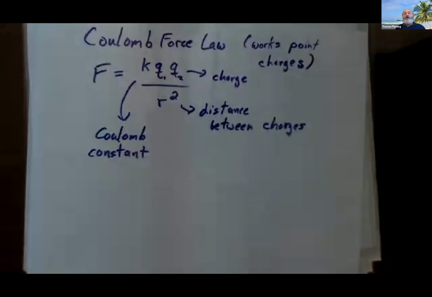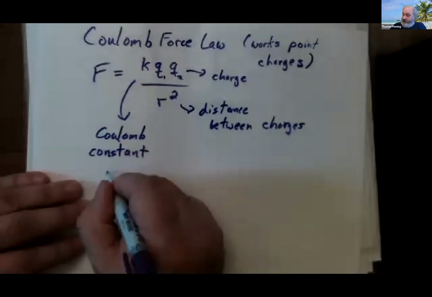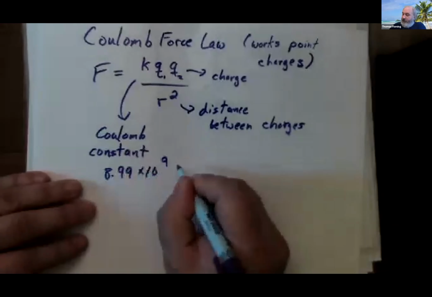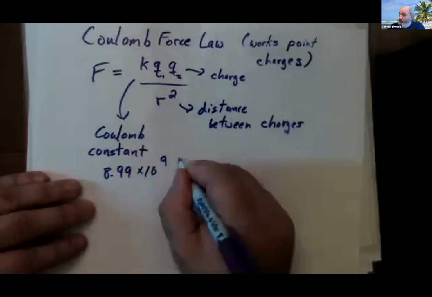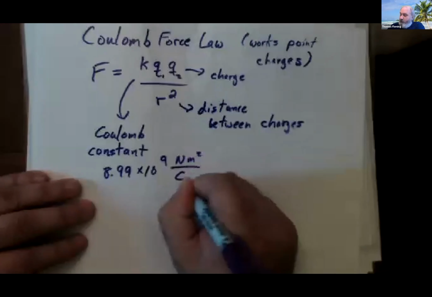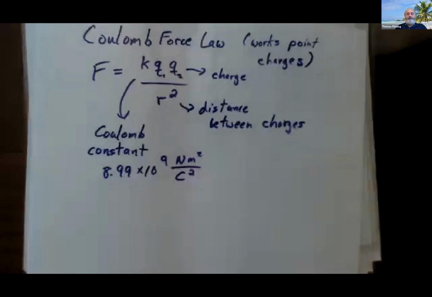And it's just a number, the specific value of which is 8.99 times 10 to the ninth, and it has units of newton meters squared per coulomb squared.